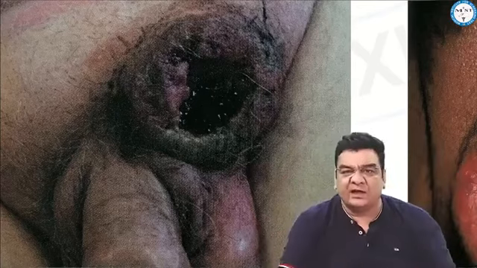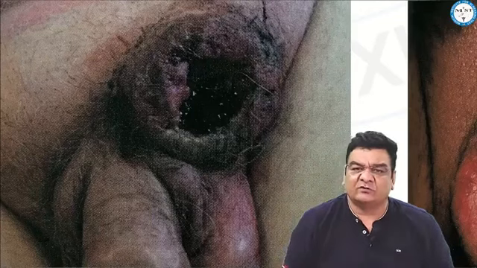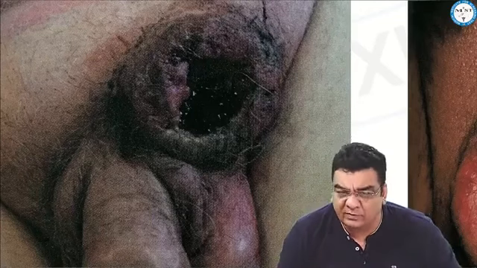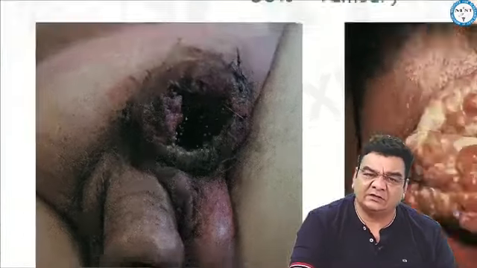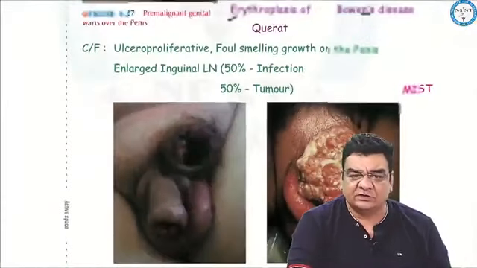So sometimes these enlarged inguinal lymph nodes cause erosion of the iliac or the femoral vessel, which leads to torrential bleeding, severe bleeding, and the penile cancer patient dies because of torrential hemorrhage, profuse bleeding due to erosion of the femoral or iliac vessel by the enlarged inguinal lymph nodes.